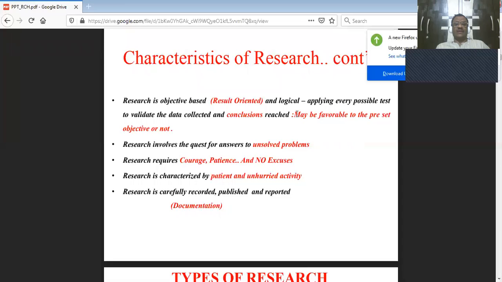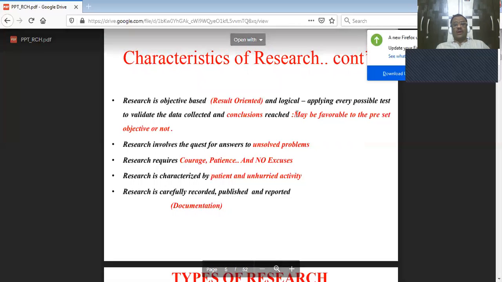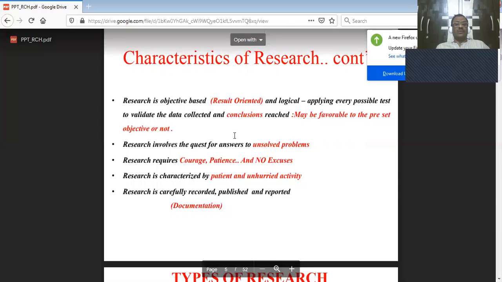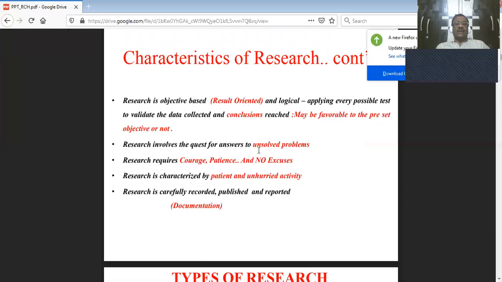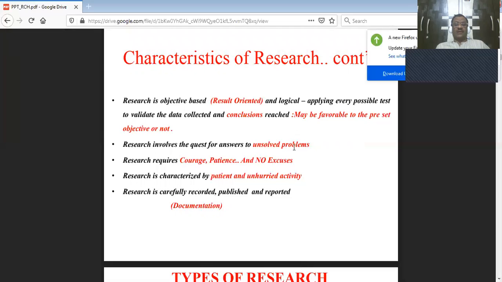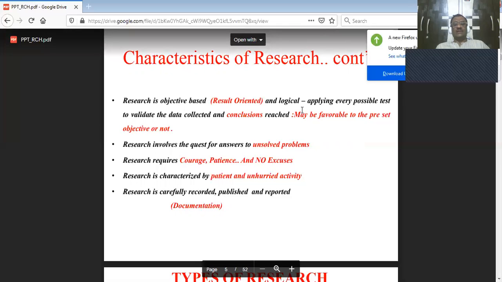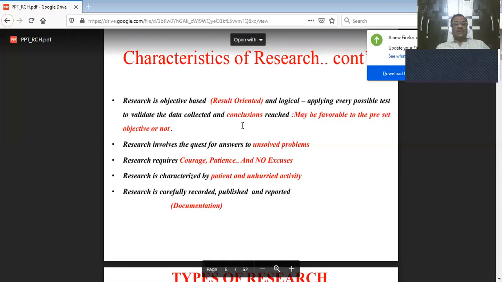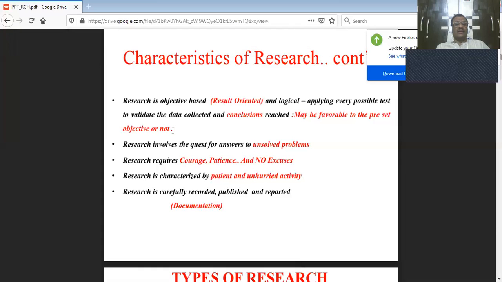This is what we call testing of hypothesis; objectives and hypotheses are very much related. Your hypothesis or objectives may be true or not true, accepted or not accepted. Such generalizations we call result oriented or outcome based, and results and outcomes are logical in nature. There are certain variables influencing these logical relationships. Statistical analysis plays a major role in understanding the generalization of all such conclusions. That's what we mean: data, its inferences, and the conclusions.